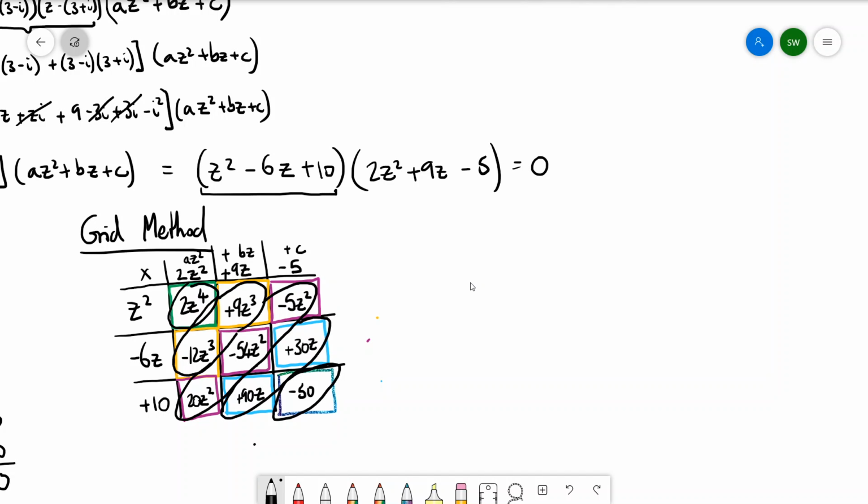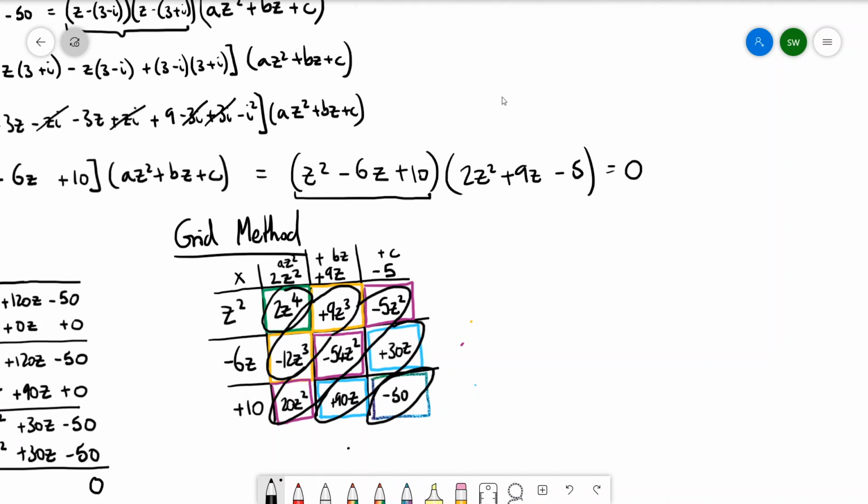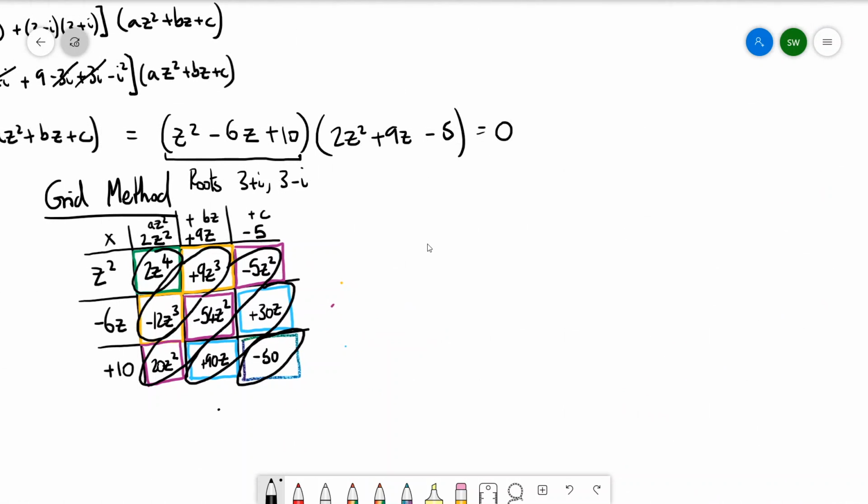The two roots we found already, because we had already factorised that: 3 plus i and 3 minus i. So there's no point solving that quadratic again equal to 0. Let's solve this quadratic equal to 0 though. So we have 2z squared plus 9z minus 5 equals 0.